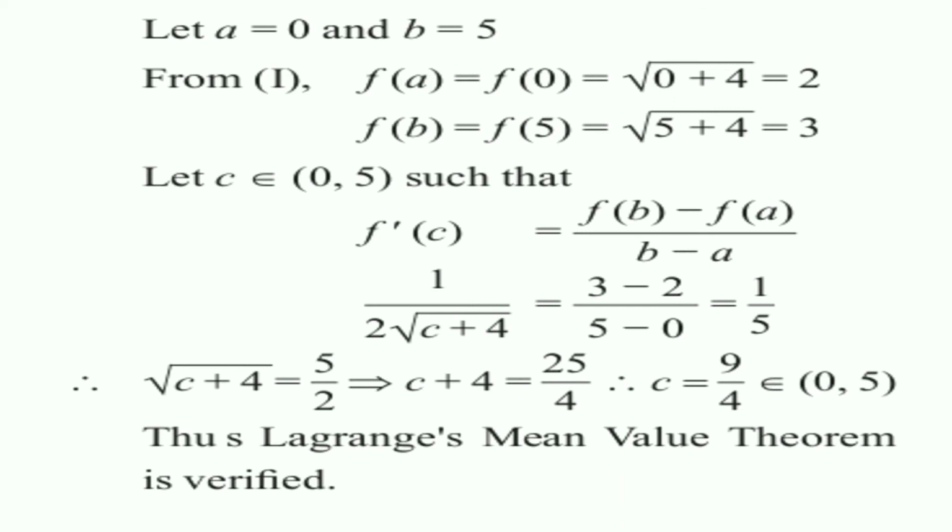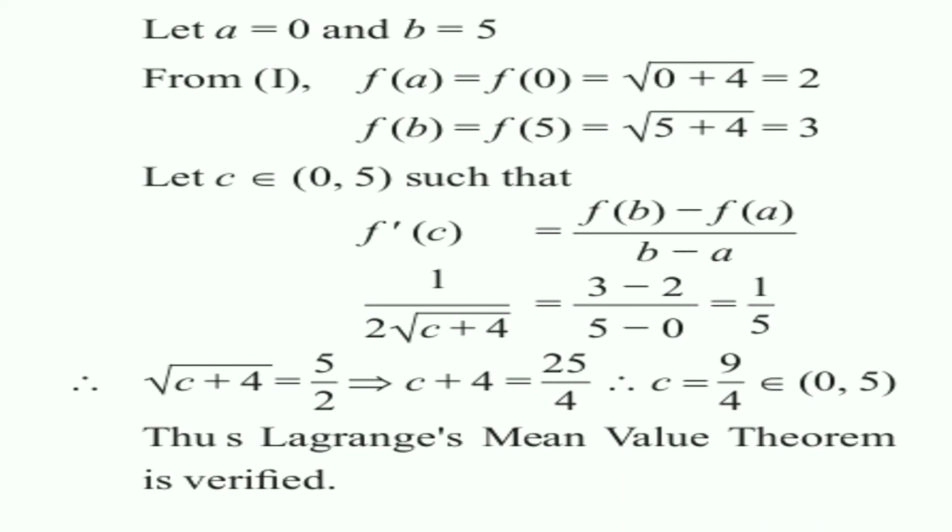Therefore, root c plus 4 equals 5 upon 2, which implies c plus 4 equals 25 upon 4. Therefore, c equals 9 upon 4, which belongs to the open interval (0, 5).